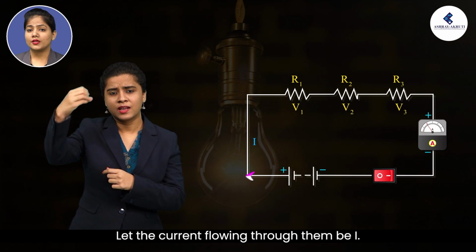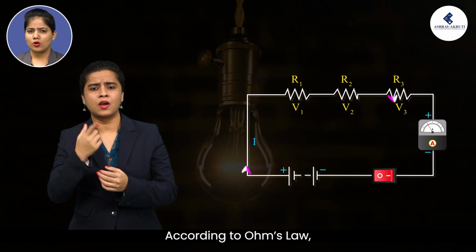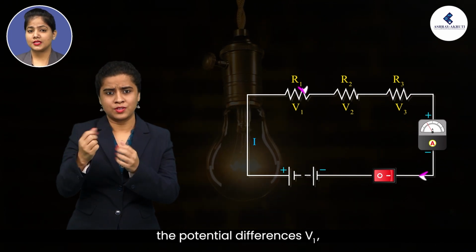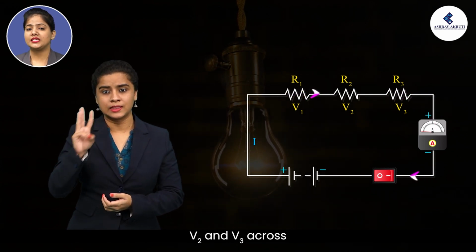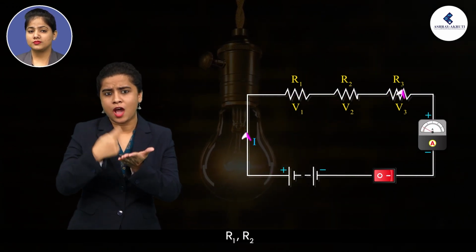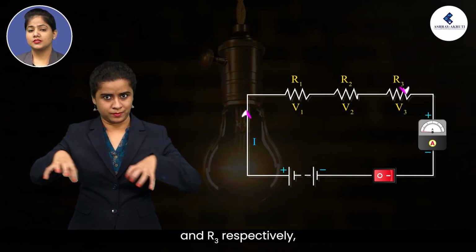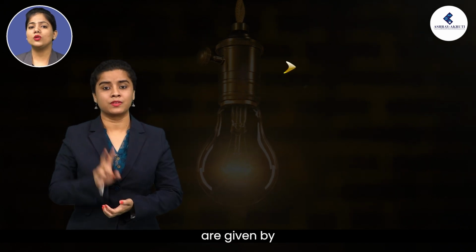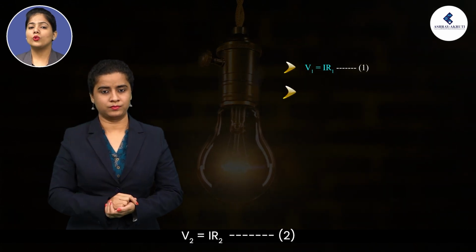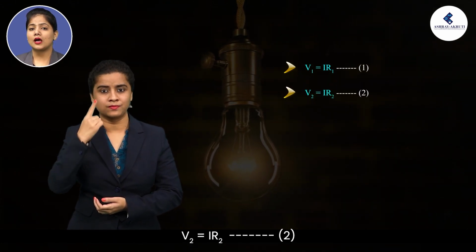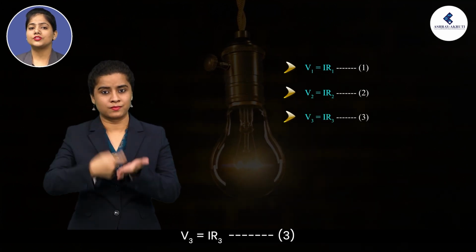Let the current flowing through them be I. According to Ohm's law, the potential differences V1, V2 and V3 across R1, R2 and R3 respectively are given by V1 is equal to IR1, V2 is equal to IR2, V3 is equal to IR3.